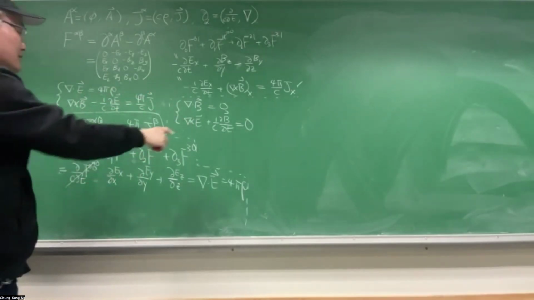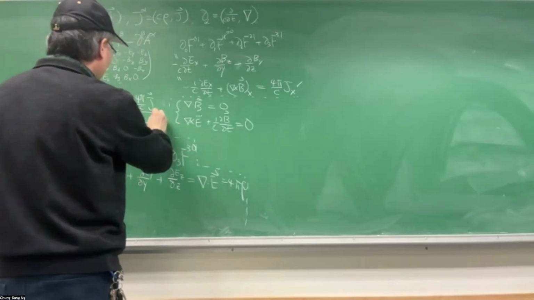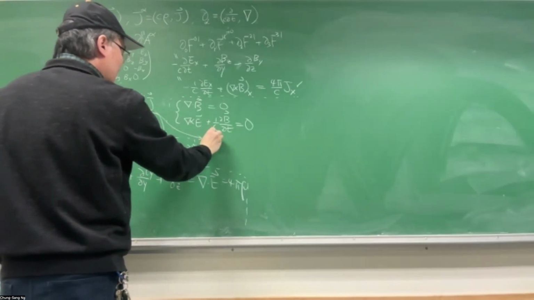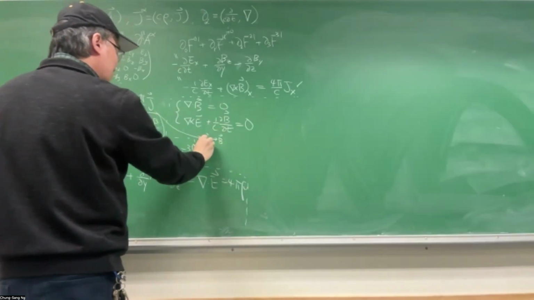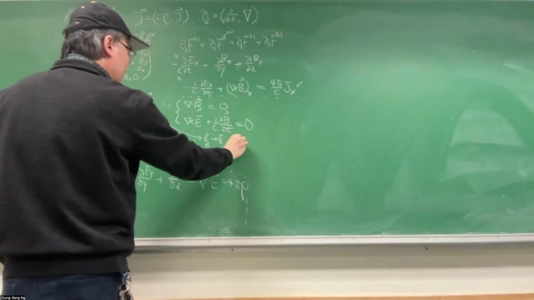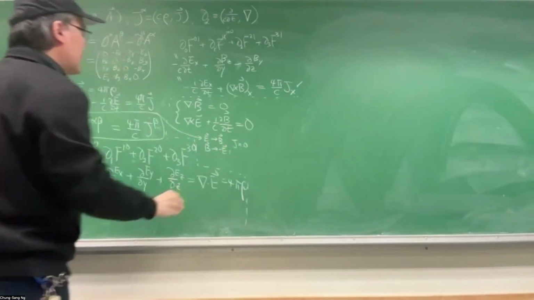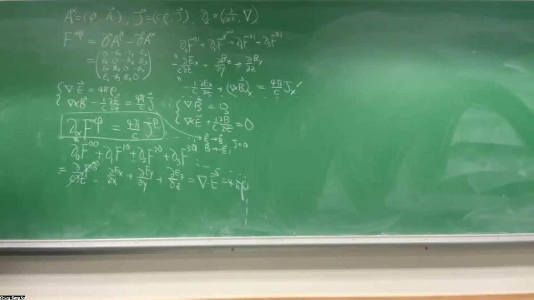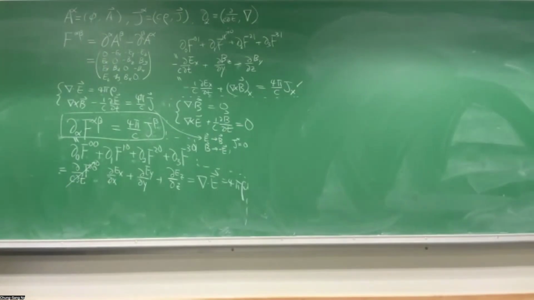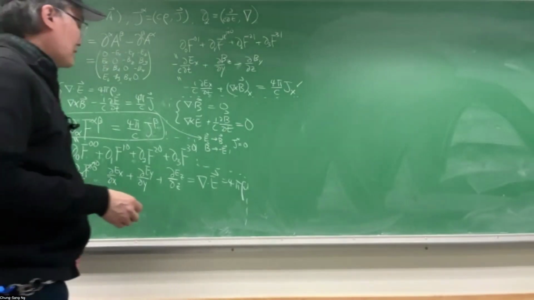Okay, so this is basically from this set of equations by setting E to B, B to minus E, and then also setting J, the four-vector J alpha, to 0. Then you get the similar expression.